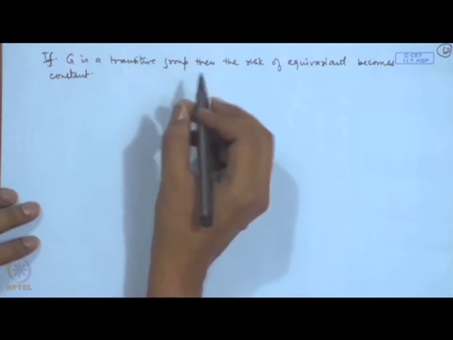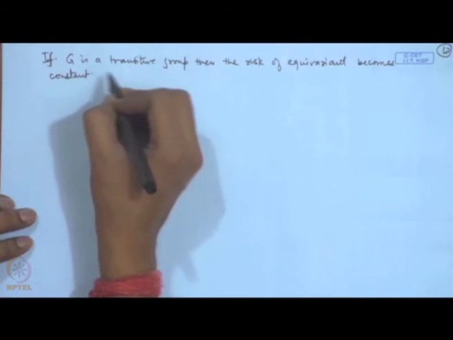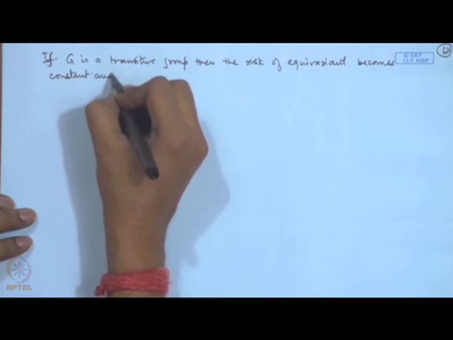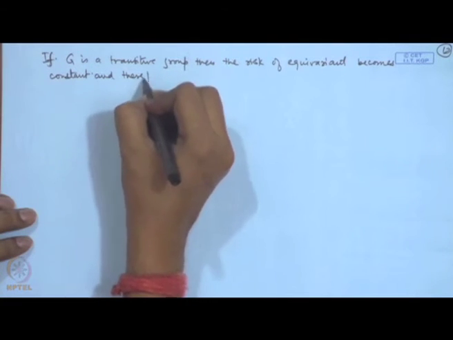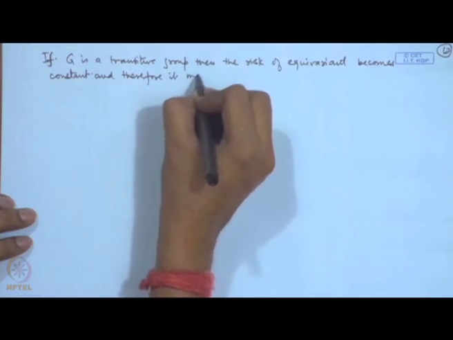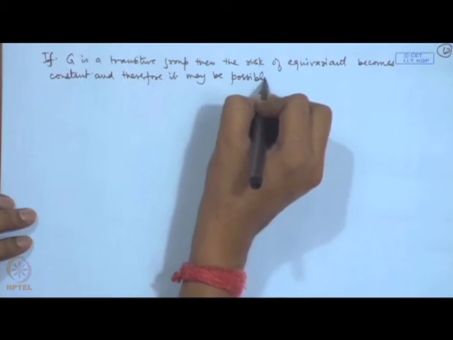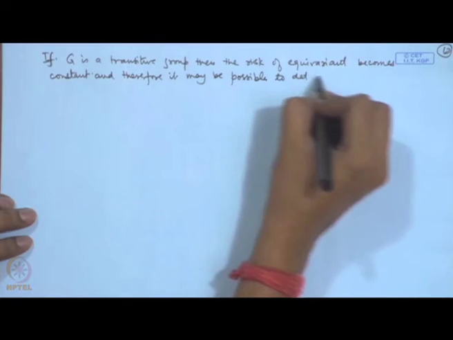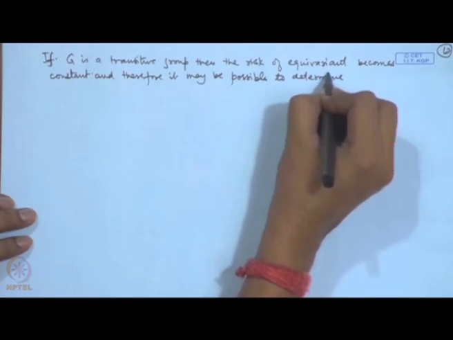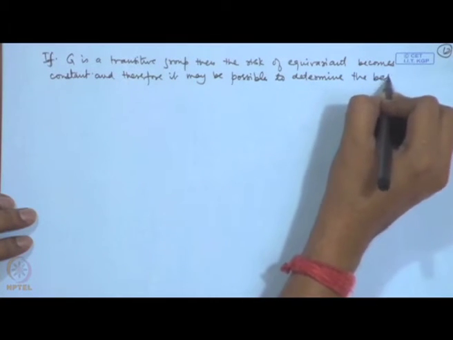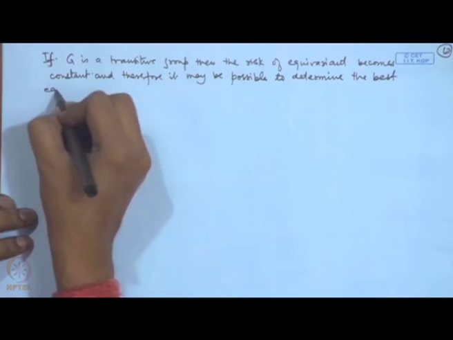If it becomes constant, we can think of minimizing it, and therefore, it may be possible to determine the best equivariant estimator.